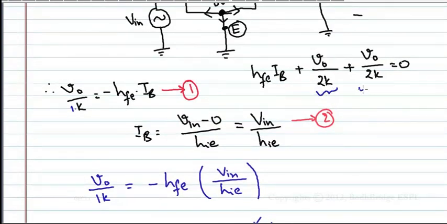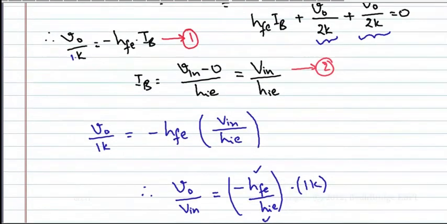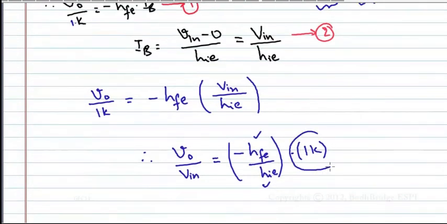This is 2K, this is 2K. What are these 2K? This 2K has come from this part, and this 2K is nothing but 1 by 2K plus 1 by 2K, which has become this 1K. Remember, 2K is the maximum resistance for the circuit, which occurs at resonant frequency.